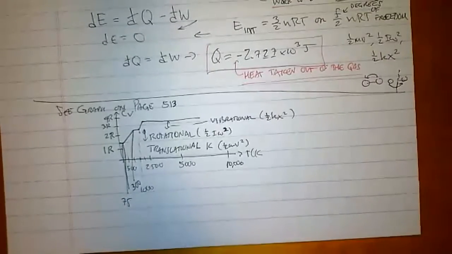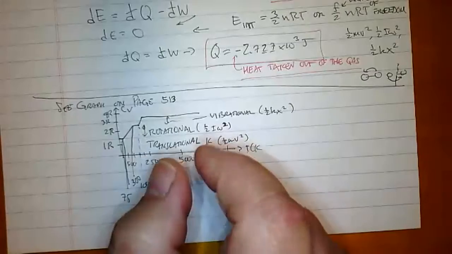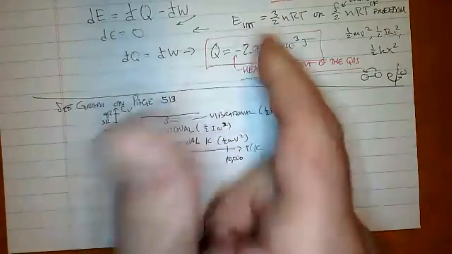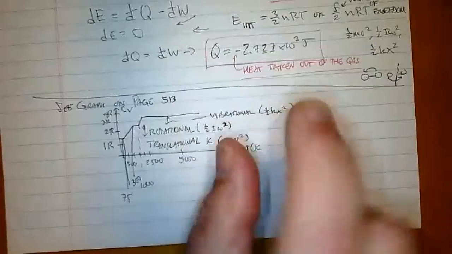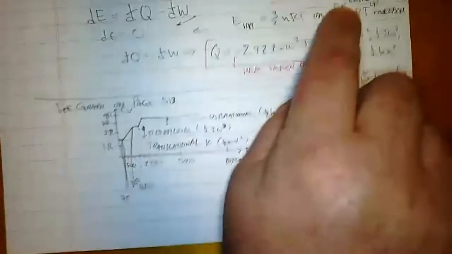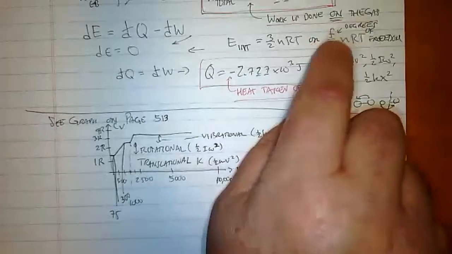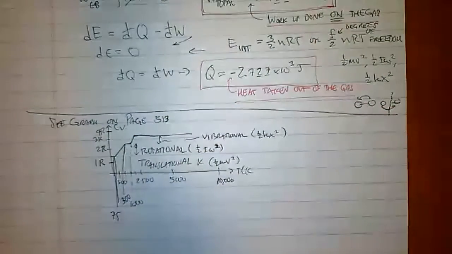So that's just to teach you a little bit about how these atoms behave. Evidently, it takes a lot of energy to make the atoms or molecules rotate, and then it takes even more energy to make them actually vibrate. So those things don't kick in all the time. So you don't always have 7, 8, 9 degrees of freedom. In fact, this one only goes up to 7 degrees of freedom.